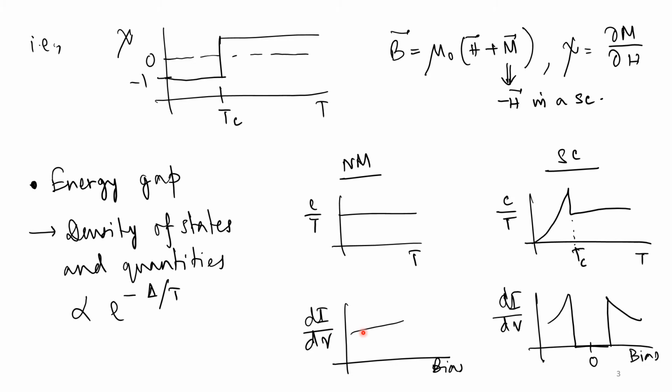So in a metal, because my Fermi level is in the conduction band, as I change my energy, everywhere there are carriers. So there is a perfect conductance, which can change with the voltage, but there will be some non-zero value.